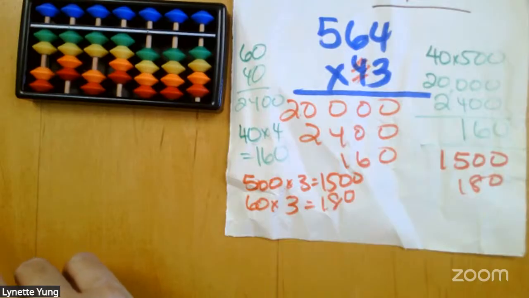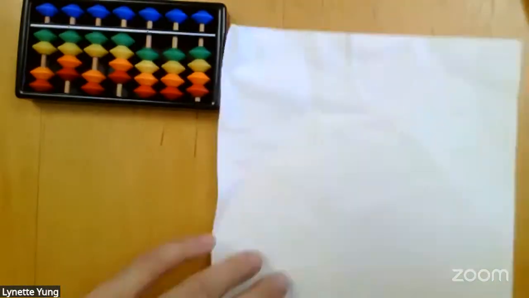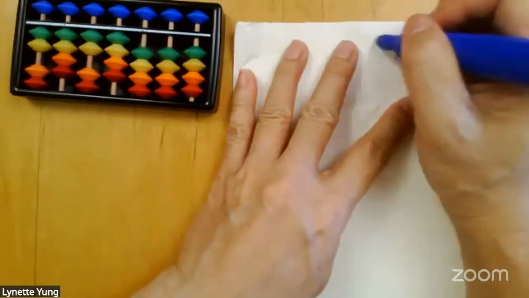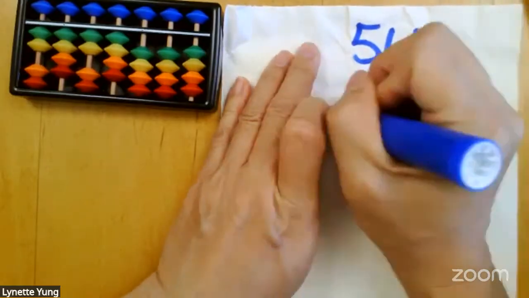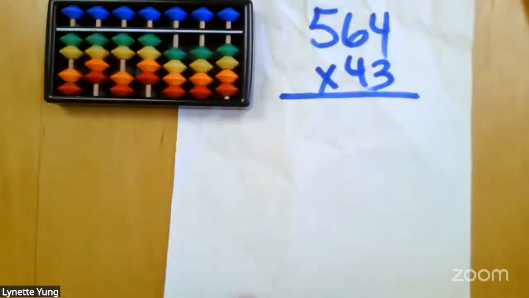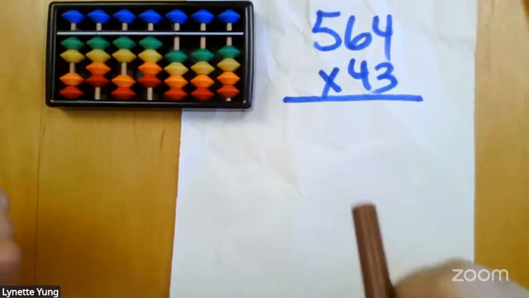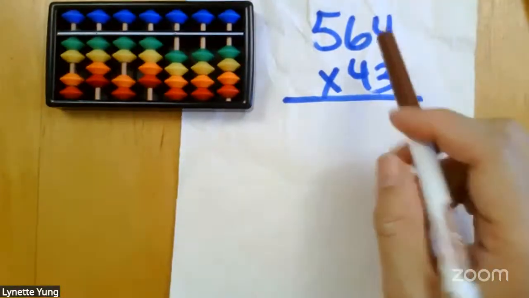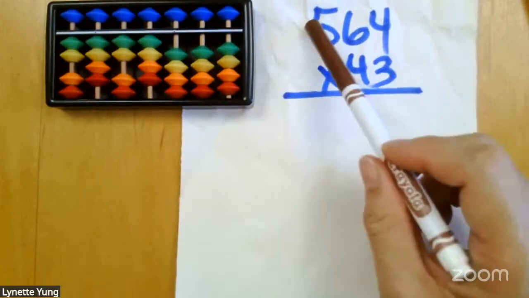Yeah, but see, the thing is in mainstream math, they don't count like we do. So you're combining the two. You know what I'm saying? So let's write it over again. 43. Okay, I'm going to write it down as if I'm doing it without the abacus. That's what I'm saying.